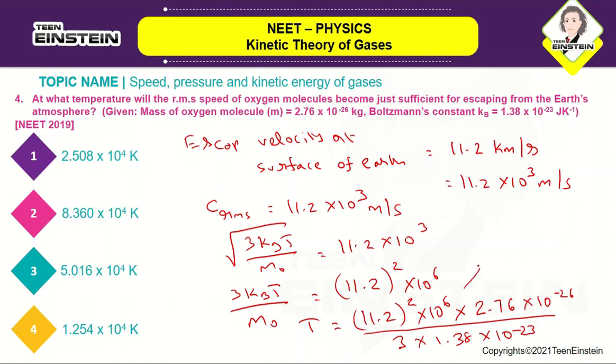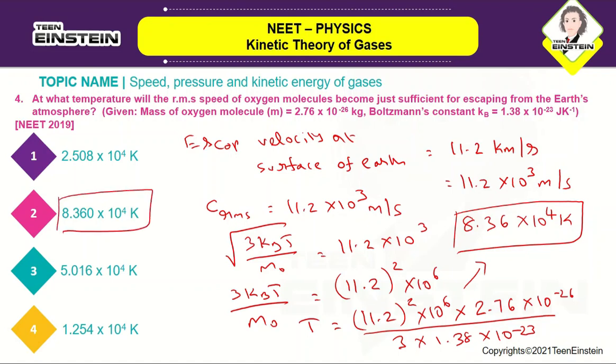Okay, so when you solve this, you will be getting the answer in the range of 8.36 into 10 power 4 Kelvin. So this is the correct answer. So the right answer is option number 2, 8.36 into 10 power 4 Kelvin.